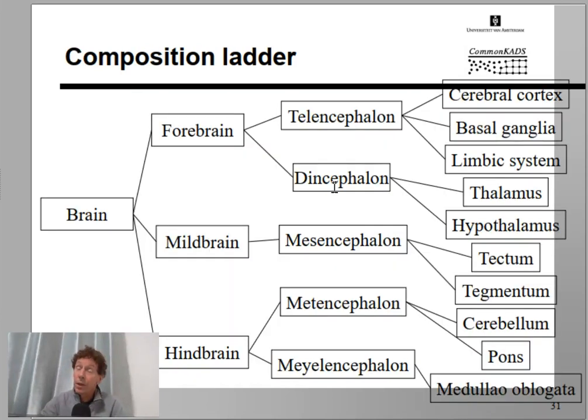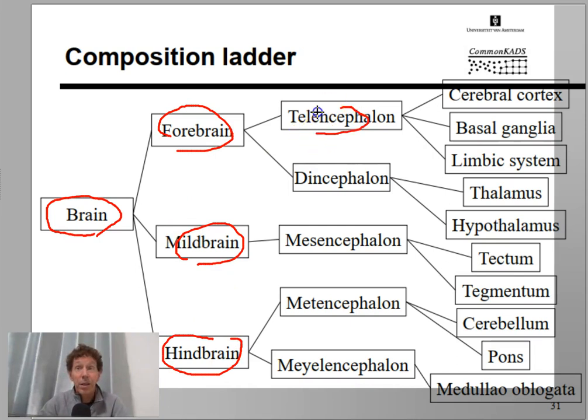A completely different hierarchy is this one. So this would be familiar to the psychology students among you. This is a part of hierarchy of the brain. So roughly speaking, the brain consists of 3 areas: the bit at the front, the bit at the middle, and the bit at the back. And then each of those bits consists again of different parts. And each of those different parts again consists of different parts. Right?